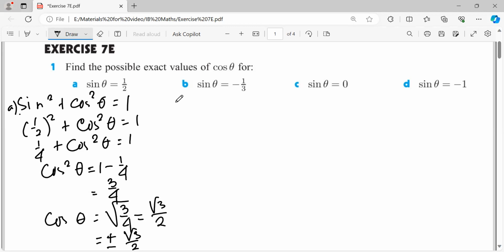Next, 1b. Sine theta equals minus 1/3. Again, write down this equation. Sine theta equals negative 1/3.